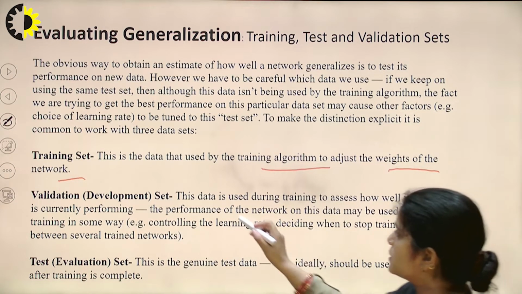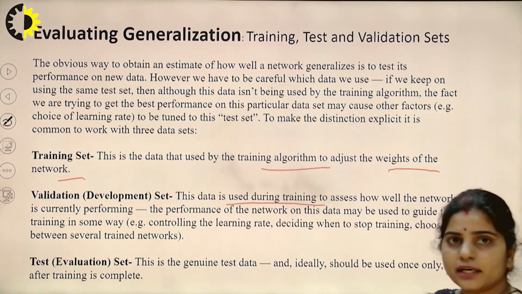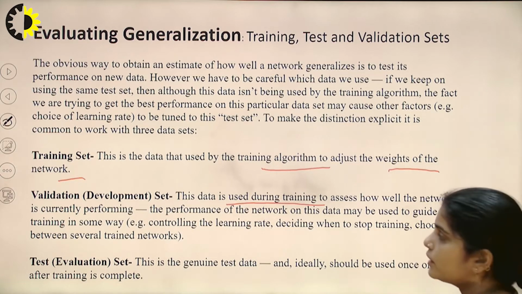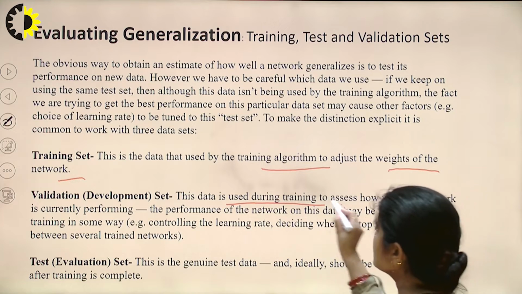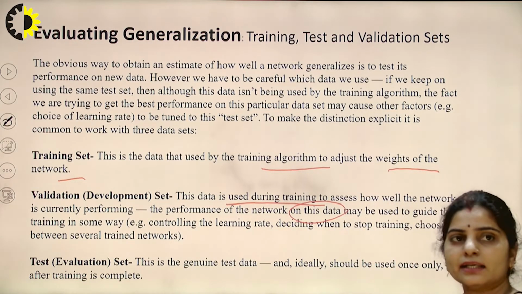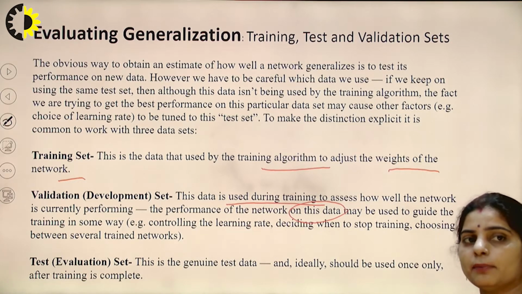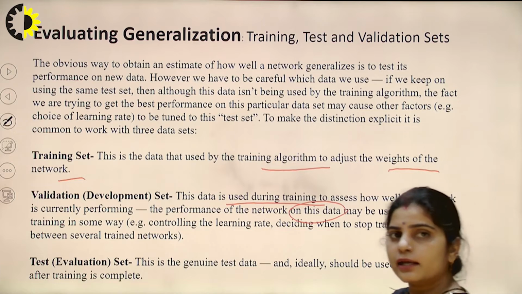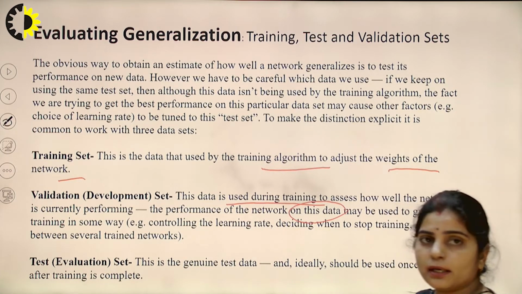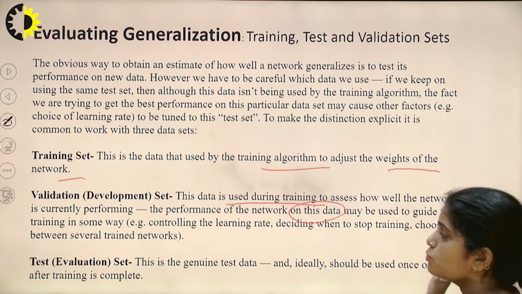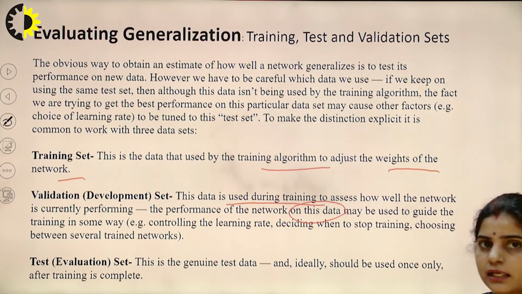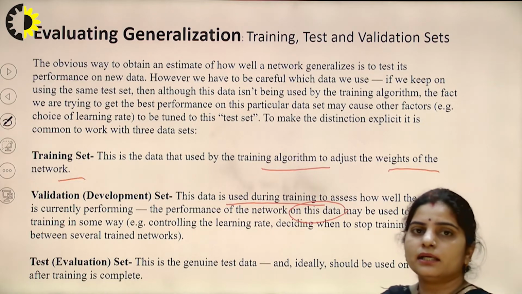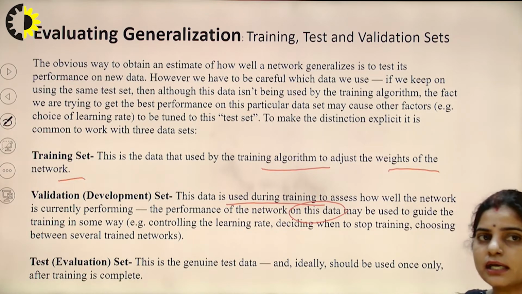This data is used during the training to assess how well the network is currently performing. The performance of the network on this data may be used to guide the training in some way, to control the learning rate, and to decide when to stop training, choosing between several trained networks. So the validation set estimates how well the network is currently performing.